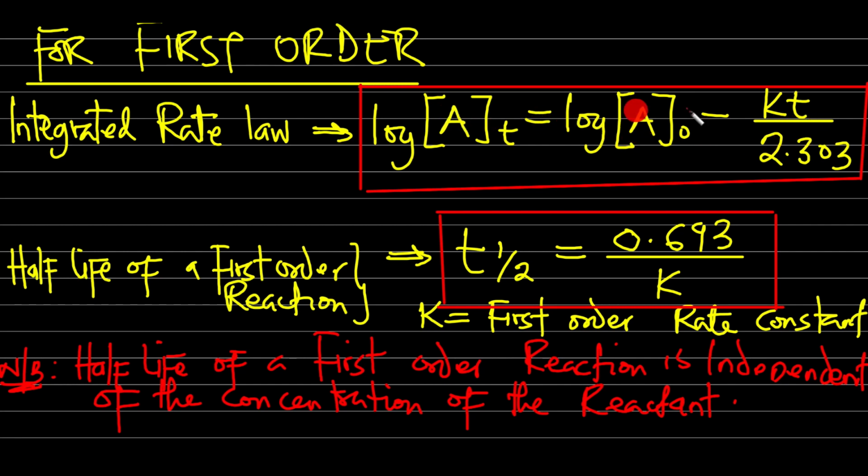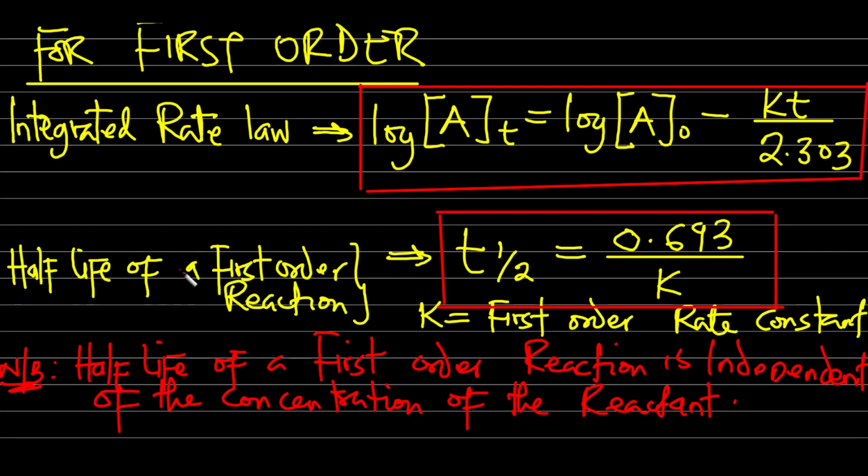They might give us 3 out of these 4 parameters, and you're asked to solve for the other one. Of course, 2.303 is a constant. As long as you're using log, you must attach this 2.303. Some other formulas might decide not to attach log here. If you remove this log, you must remove this 2.303.